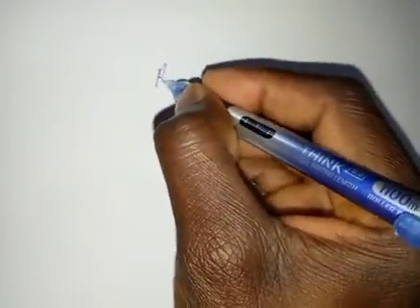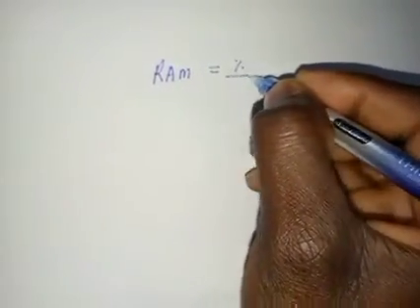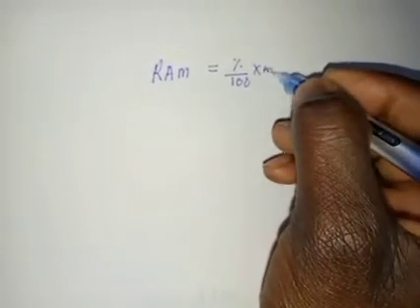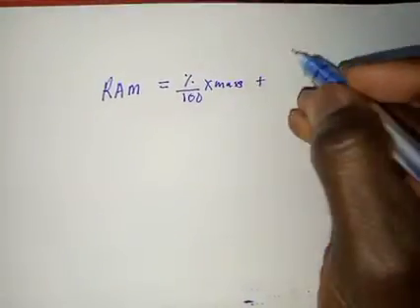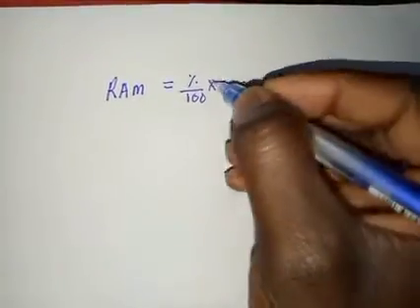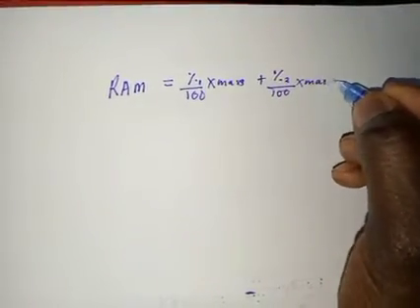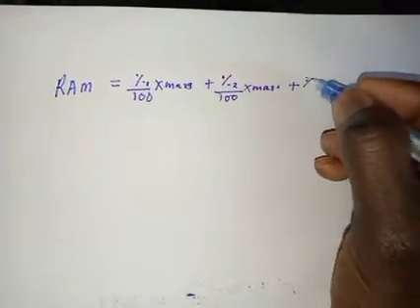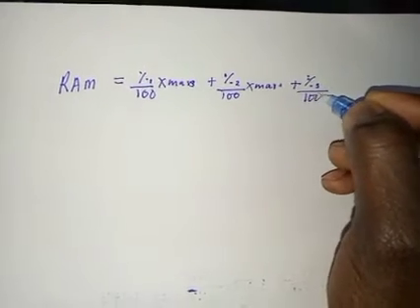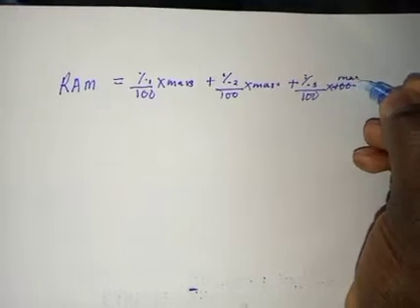So I'll calculate based on the same 4 abundances by saying relative atomic mass must be equal to the first percent over 100 multiplied by the mass, plus the second percent over 100 multiplied by its mass, plus the third percent divided by 100 multiplied by its mass.